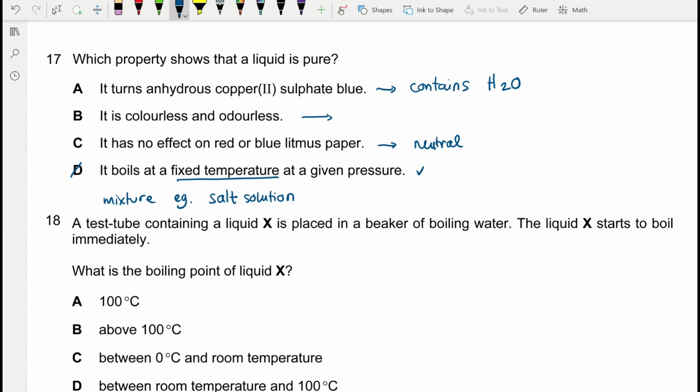So our water is impure, right? So this impure water could start to boil at 103 degrees Celsius and finish boiling at 105 degrees Celsius. So this is not a fixed temperature. This is a range of temperature. Fixed temperature, if it's pure water, it will boil at exactly 100 degrees Celsius.